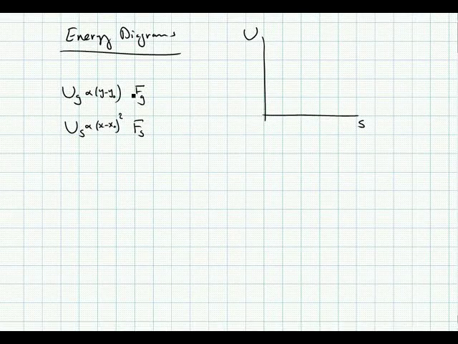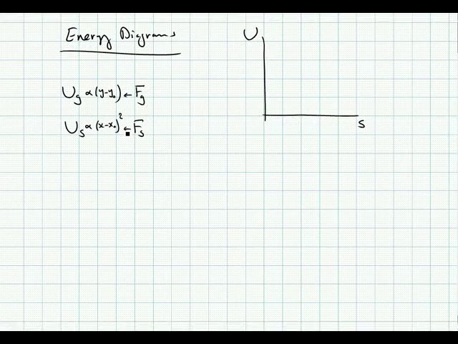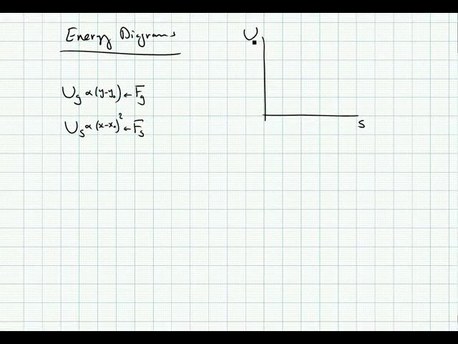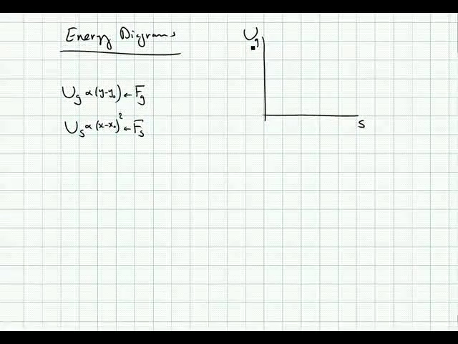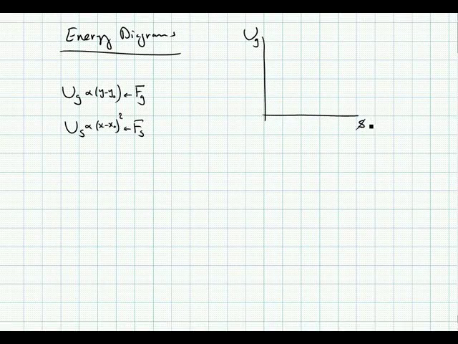So each force leads to potential energy, and an energy diagram is a plot of the particular potential energy versus the position. For example, in the case of gravitational potential energy, UG, we of course plot gravitational potential energy versus y.